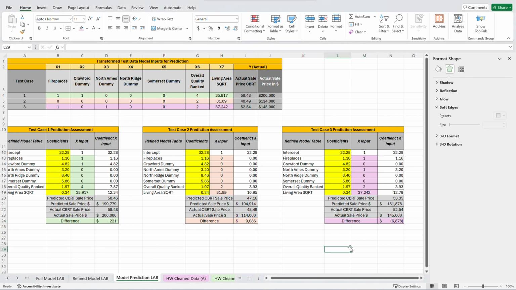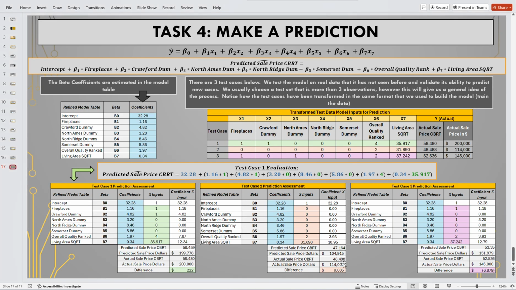Okay, so those are your 3 test case predictions. We can see how well the model is performing. Now, when we do this in practice, a common train and test scenario is we would train the data on 80% of the sample, and then we'd test it on the 20% of the sample, like an 80-20 split.